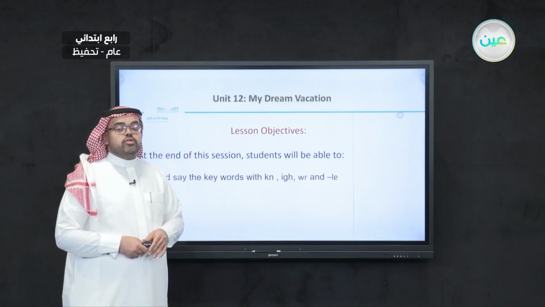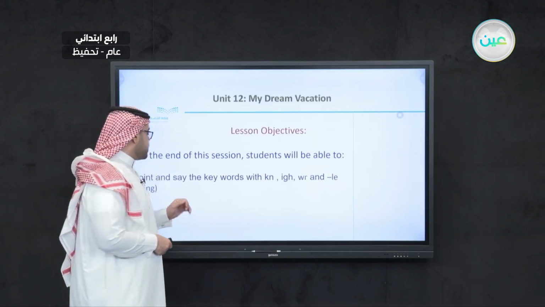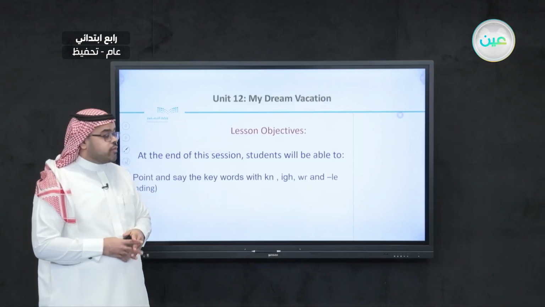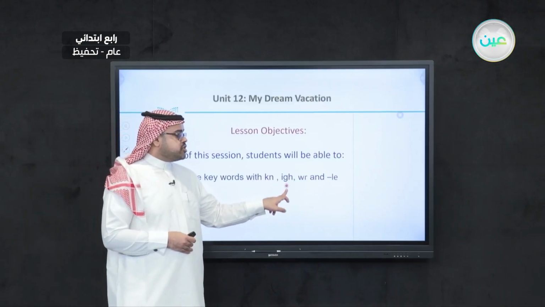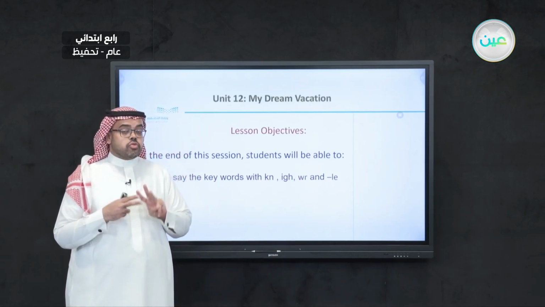At the end of our lesson, we hope that you will be able to point and say the key words with K and N, and also I, G, H, and also W and R, and then the words that end with LE.